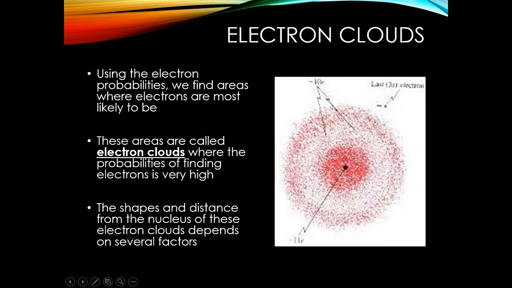Now keep in mind, this is a three-dimensional model, so it looks like you're seeing things in between, but really it's a big sphere surrounding the nucleus. And so this is really what quantum mechanics deals with, the probability of where we would find electrons. What we do in quantum mechanics is try to describe the distance from the nucleus and the shape that those electron clouds would take.